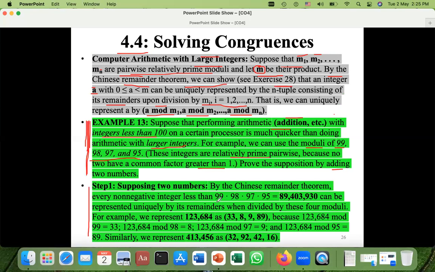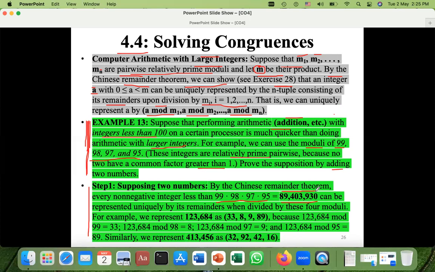What you have to do is multiply these moduli, and when you multiply, you get this large integer first. We have not supposed the two numbers yet which we want to add, but we have just introduced that after multiplying the moduli we have this large integer.